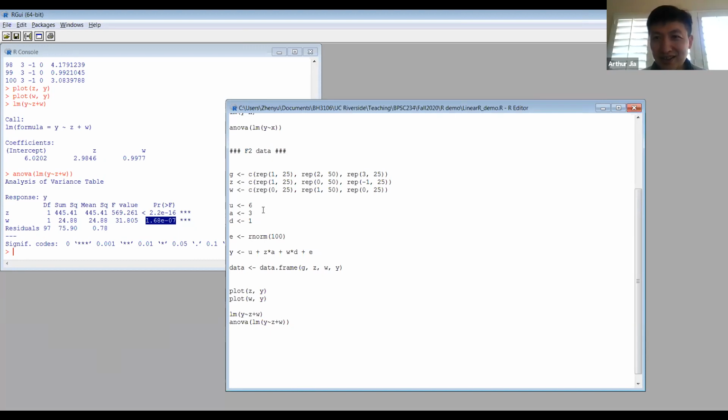Here the midpoint equals 6, but the additive effect equals 3, which means that the first genotype is associated with the higher phenotypic value. That means G11 equals midpoint plus A, that's 9.